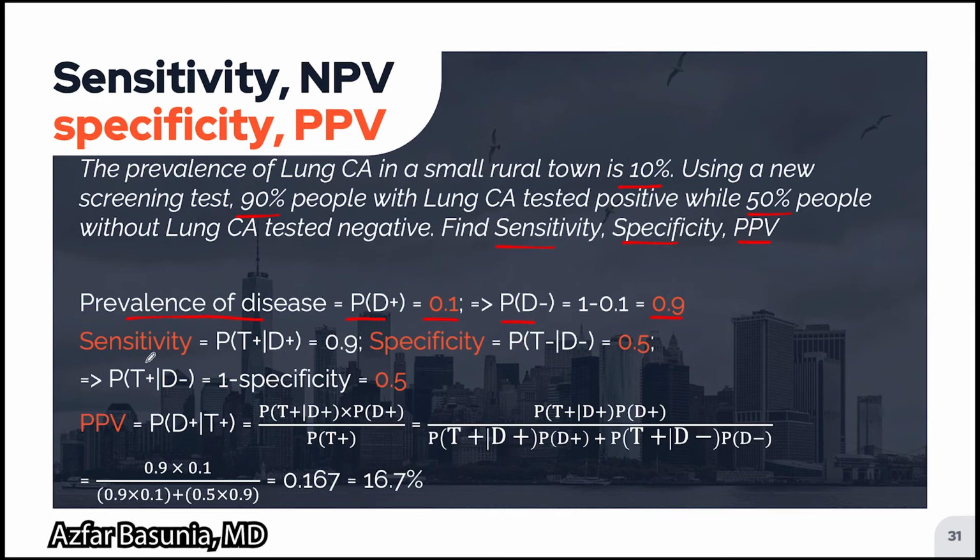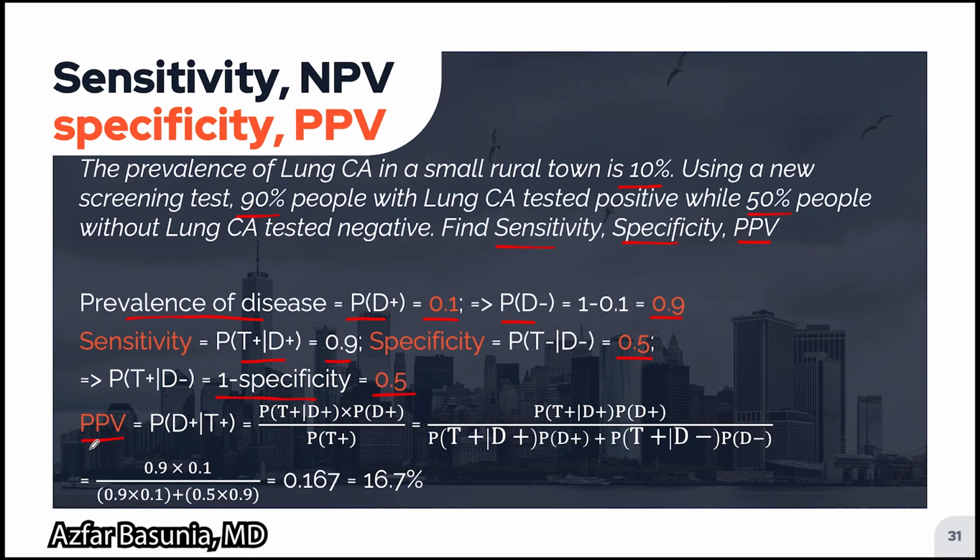The sensitivity is equal to the probability of being test positive given disease positive, and that is equal to 0.9 from the question prompt. And the specificity is equal to the probability of being test negative given disease negative, and that is equal to 0.5 per the question prompt. This means that the probability of being test positive given disease negative is equal to 1 minus the specificity, so that is 1 minus 0.5, which is equal to 0.5.